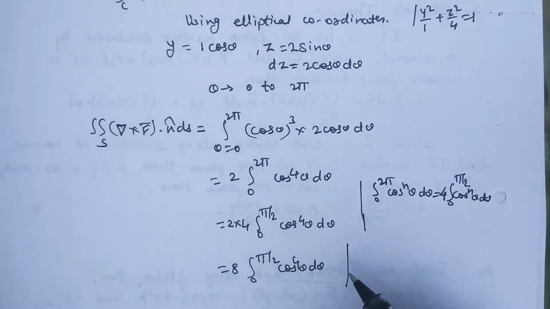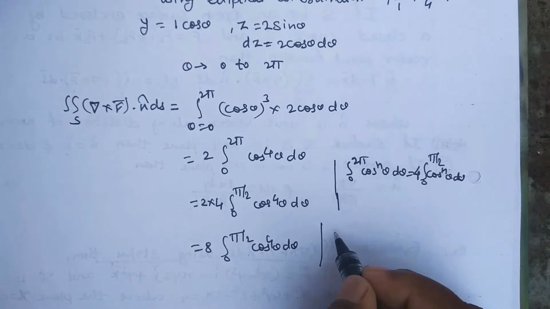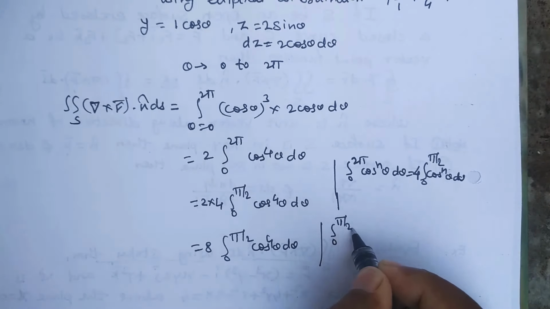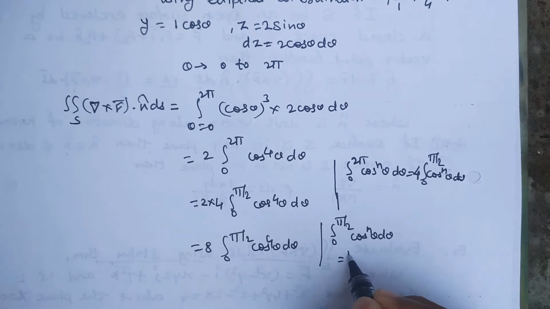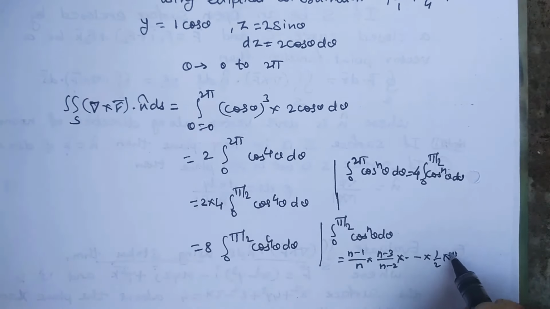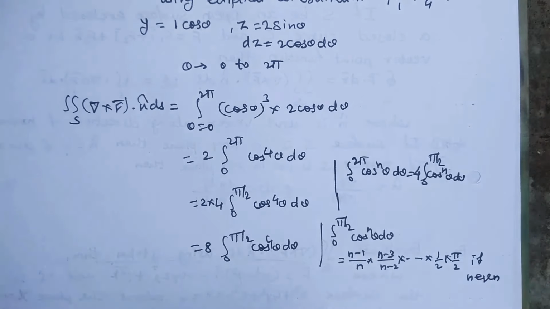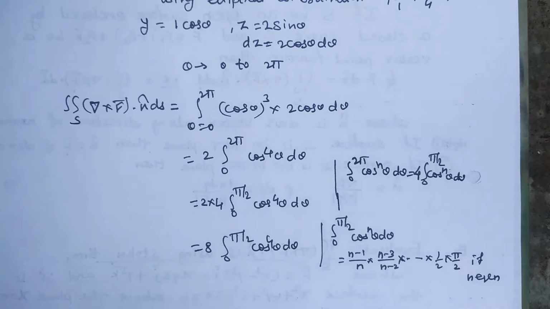Now we are going to use the reduction formula. For the cos function, integral 0 to pi by 2 of cos to the power n theta d theta equals (n minus 1) upon n into (n minus 3) upon (n minus 2) into and so on, down to 1 by 2 into pi by 2 if n is even. Here the value of n is even, so we use this formula.